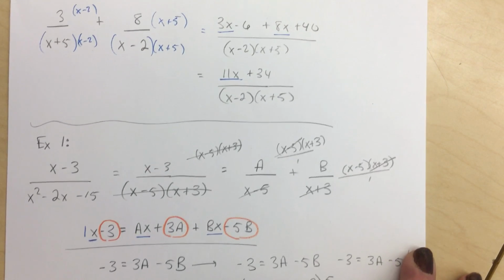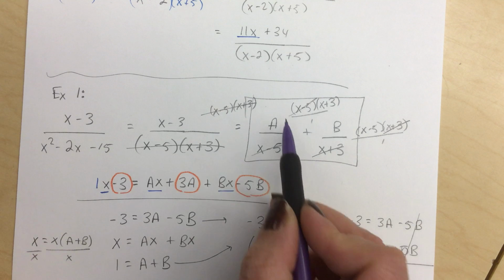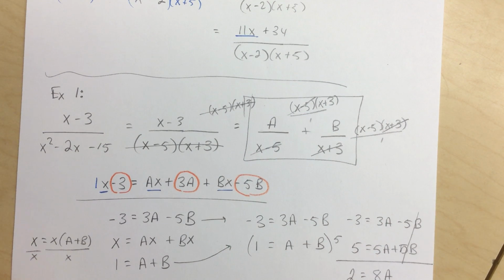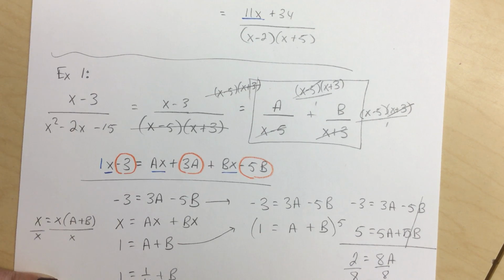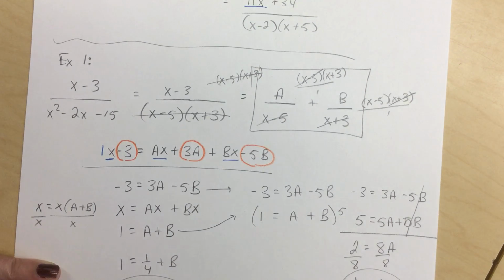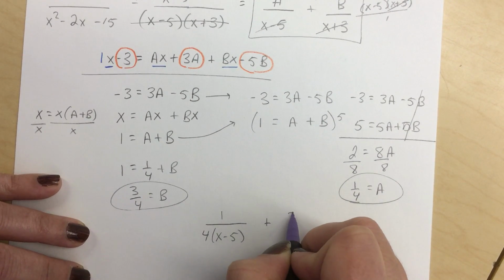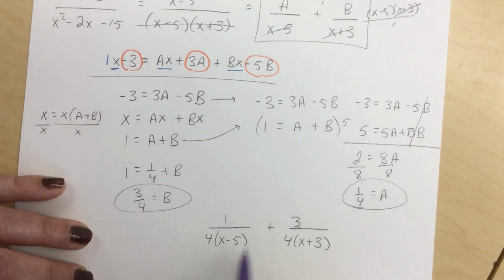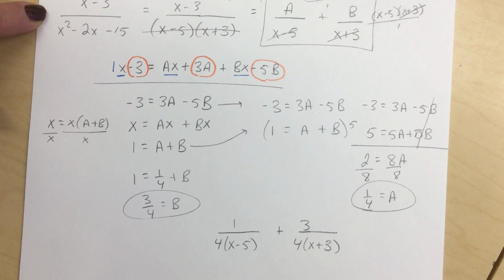Back up here, this is how we started. A over x minus 5 plus b over x plus 3. Well, we found that a is 1/4, so that means 1 over 4 times x minus 5, and I'll write this out a different way if it makes more sense to you, plus 3 over 4 times x plus 3 would equal our original x minus 3 over x squared minus 2x minus 15.